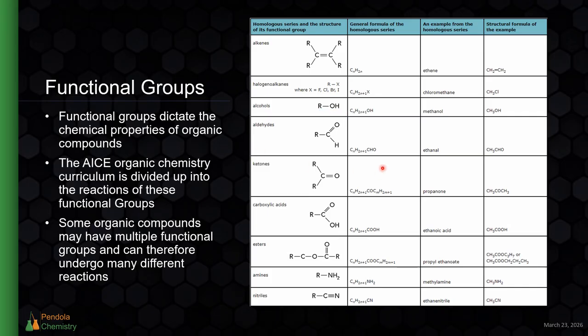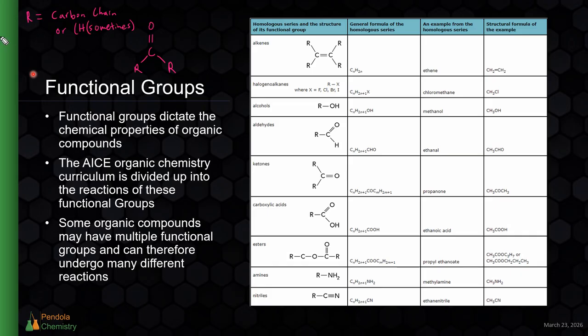Next are aldehydes. Aldehydes are going to have what we call a carbonyl group. A carbonyl group is a carbon double bond oxygen, and then you have R groups. Remember, an R group can either be a carbon chain or H sometimes.